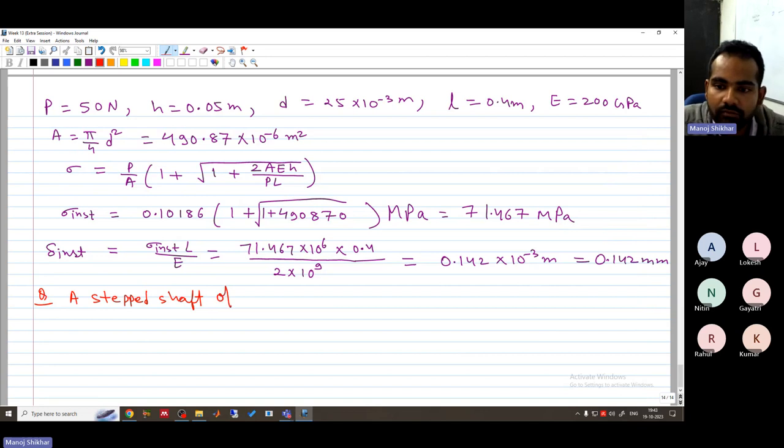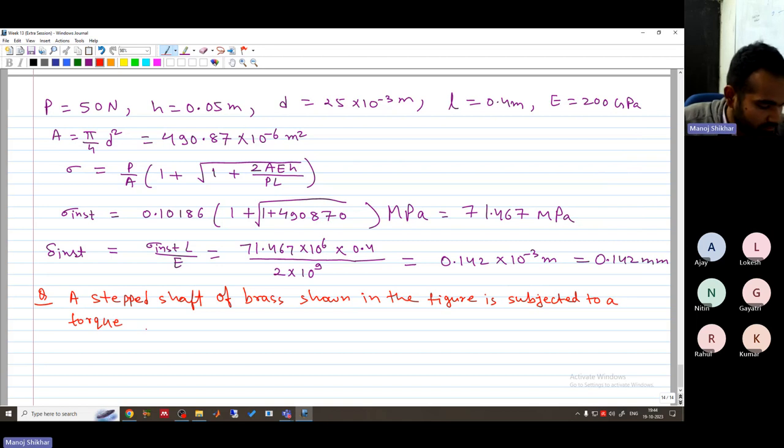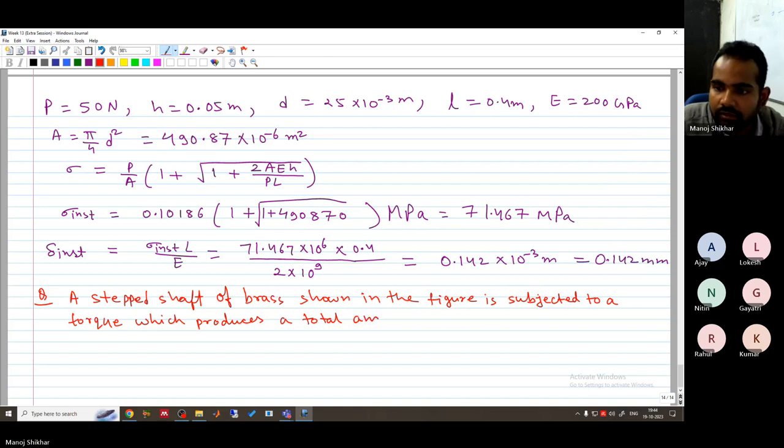A stepped shaft of brass shown in the figure is subjected to a torque which produces a total angle of twist of 3 degrees.